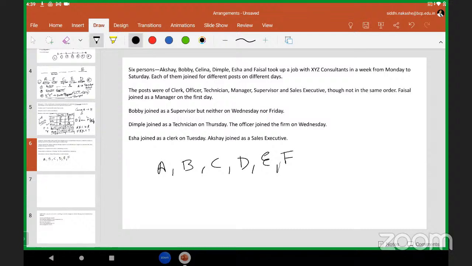So they took up a job in XYZ Consultants in a week from Monday to Saturday. Okay. So each of them joined for different posts on different days. So the puzzle says that there are six people and they will be joining on six different days, that is from Monday to Saturday.